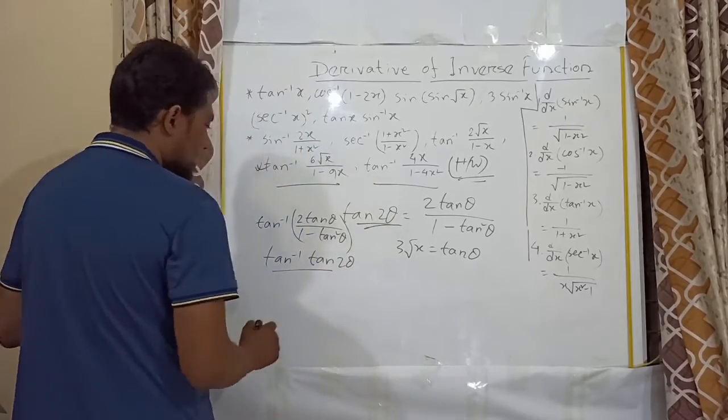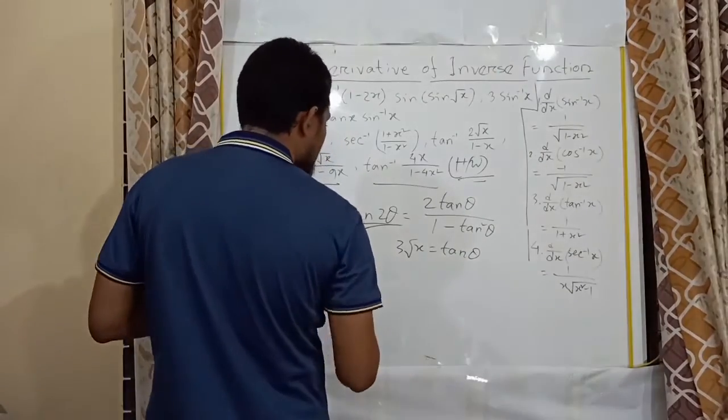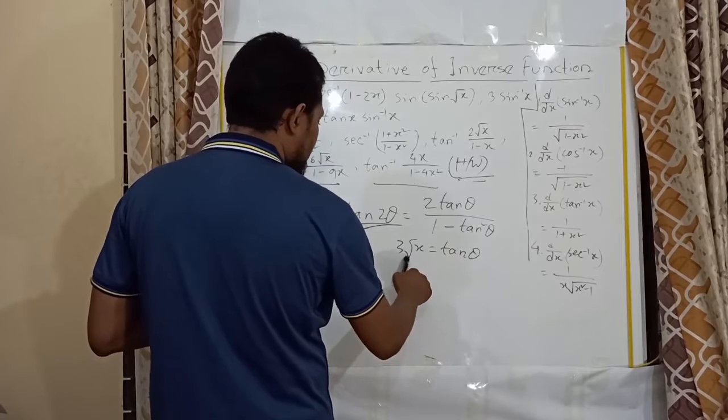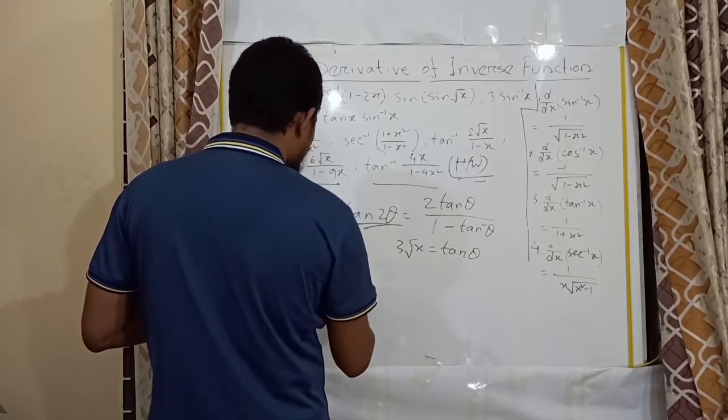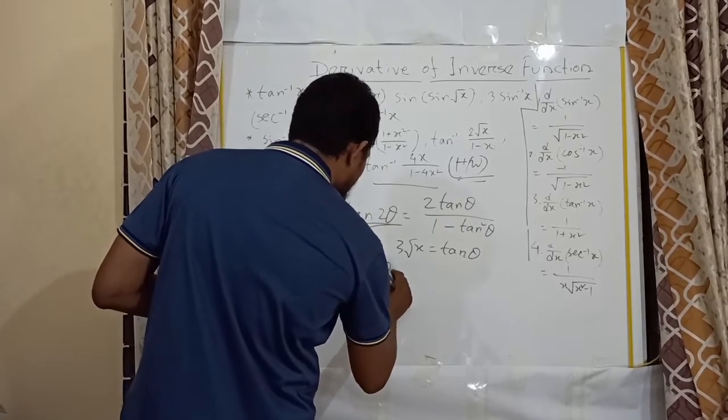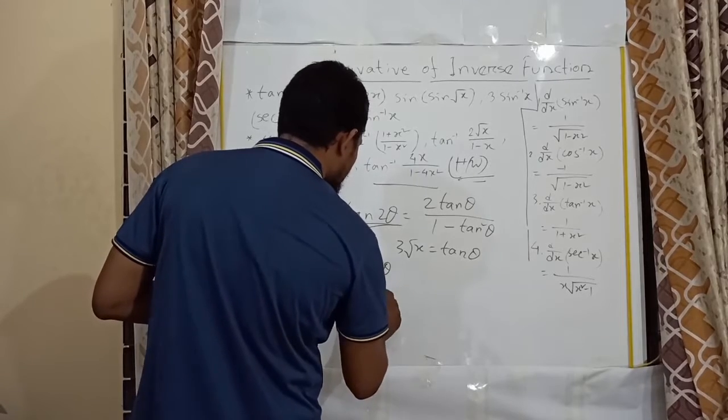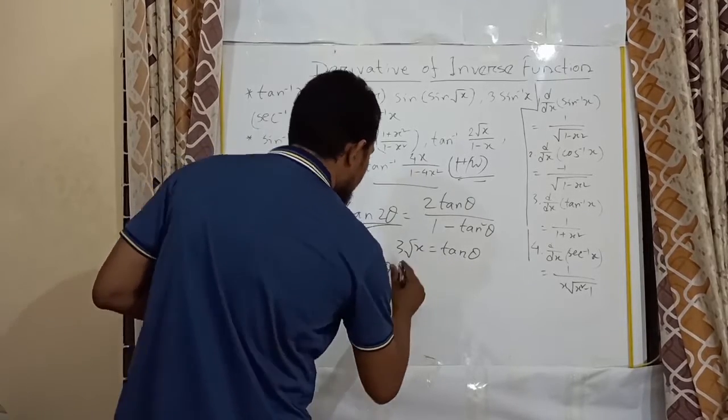So tan will be cancelled, so it will be 2 theta. As we have taken 3 root x equal to tan theta, we are getting 2 theta. So theta equals tan inverse 3 root x.